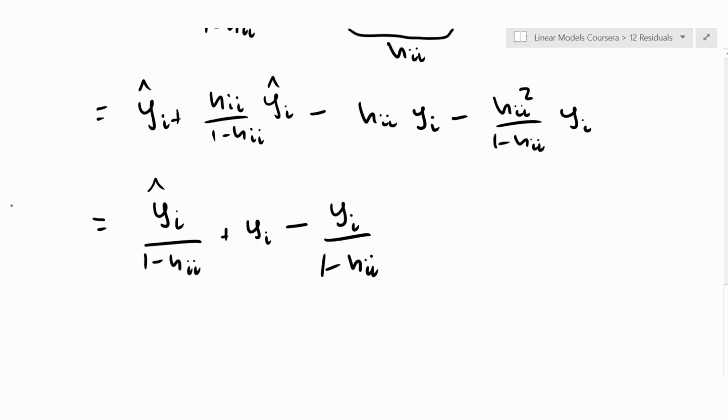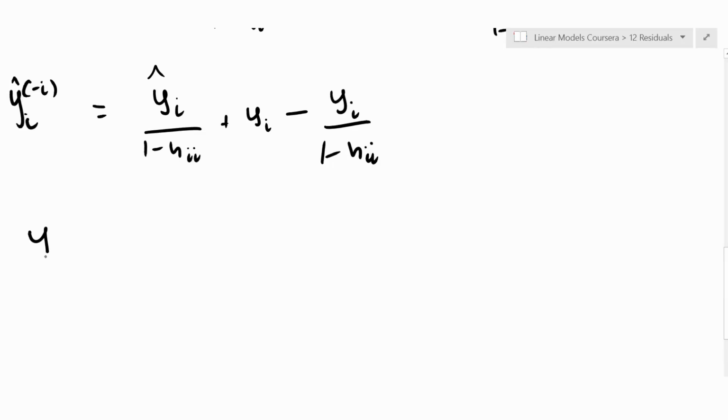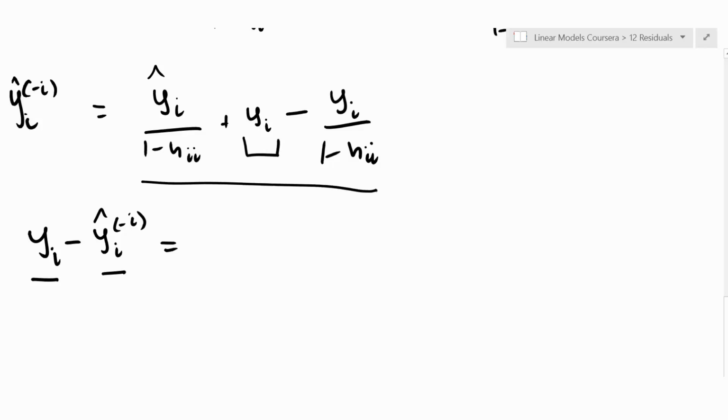And just remember, what we're solving for is ŷ_(-i). Now, if I take y_i minus ŷ_(-i), then when I subtract y_i minus ŷ_i, the y_i will just go away, and I just get left with these two terms.